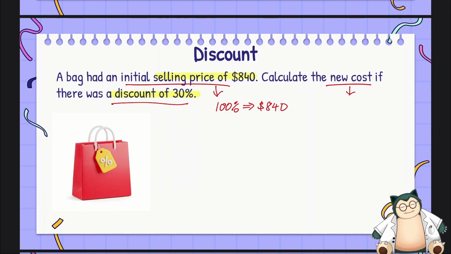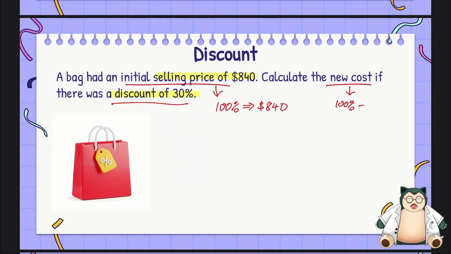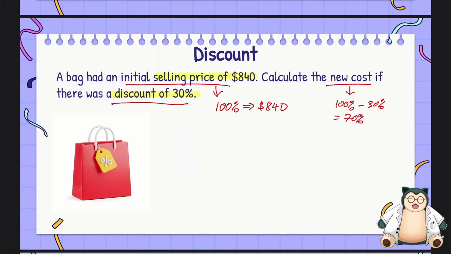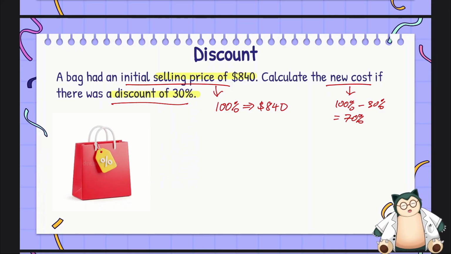Our new cost would then be 100% minus away our discount, which is the sales, alright, the sales given by the shop, and that will give us 70%. So now we just want to find out 70% of our initial selling price. Okay, good. How do we find it?